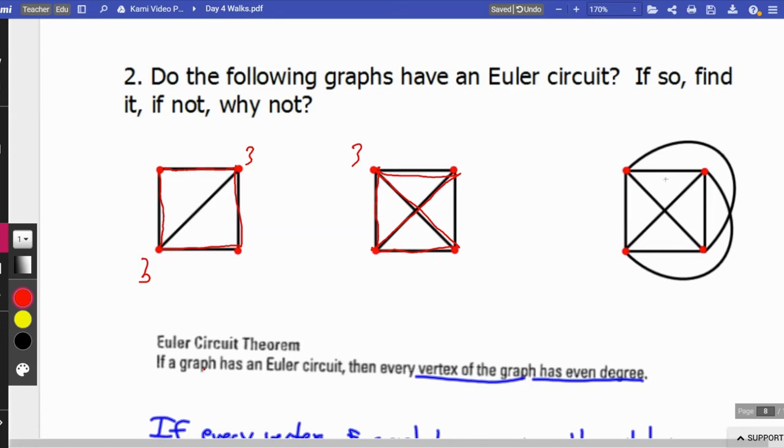This guy you can make work. If you look at each vertex, the conditions are there. They all have degree 4. So I could travel it, and I would say, maybe I go here. I might mess this up the first time. I'm not sure. Here, here, here. Oh yeah, I messed up.